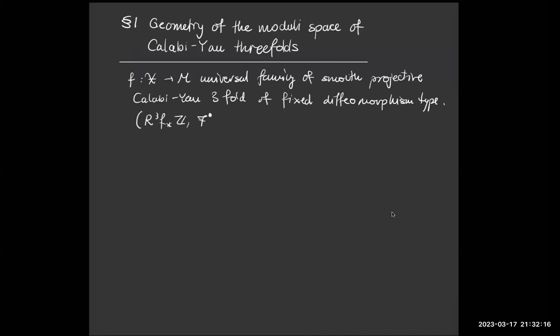So we get a local system, we get a Hodge filtration, and we get a polarization. And this comes with a canonical flat connection known as the Gauss-Manin connection.